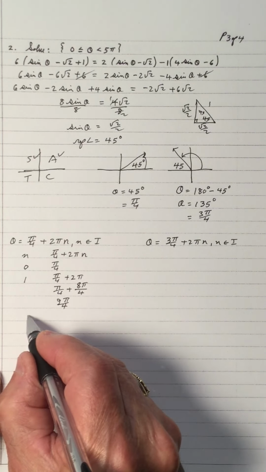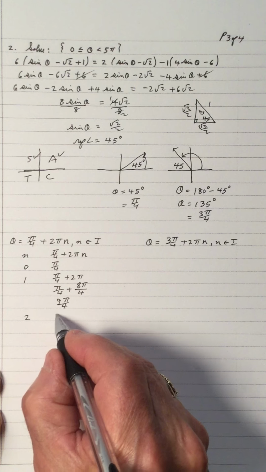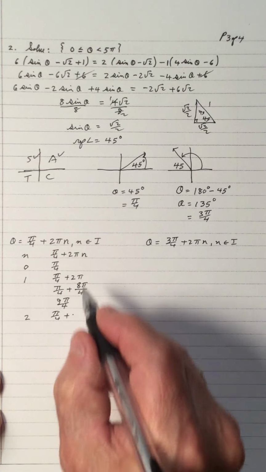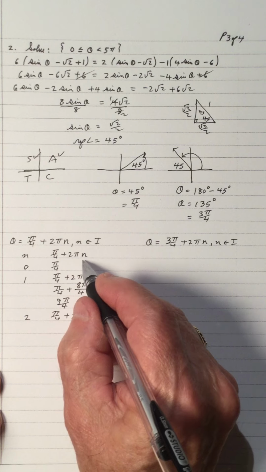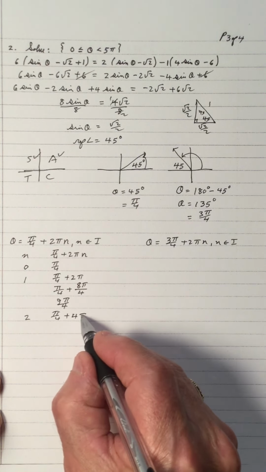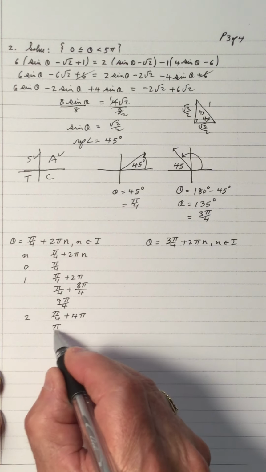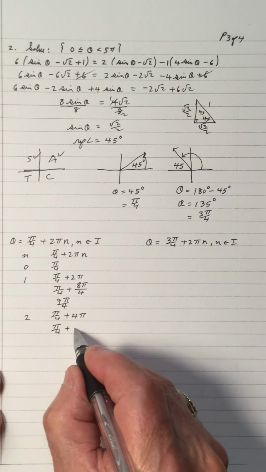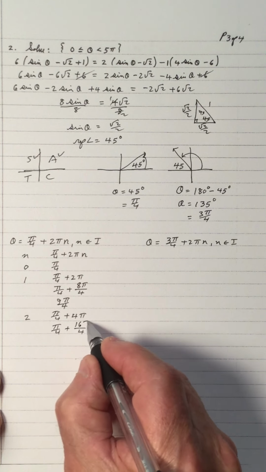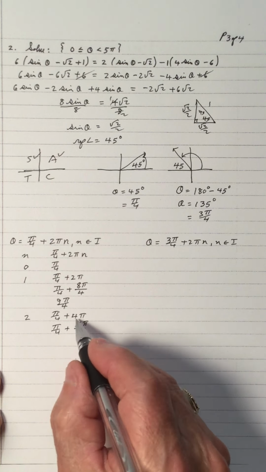And we'll try a 2. So we get pi over 4 plus, and we put a 2 in here. So 2 times 2 is 4, so we get 4 pi. So that's pi over 4. Common denominator is 4. And 4 times 4 is 16 pi. 16 pi divided by 4 is 4 pi.